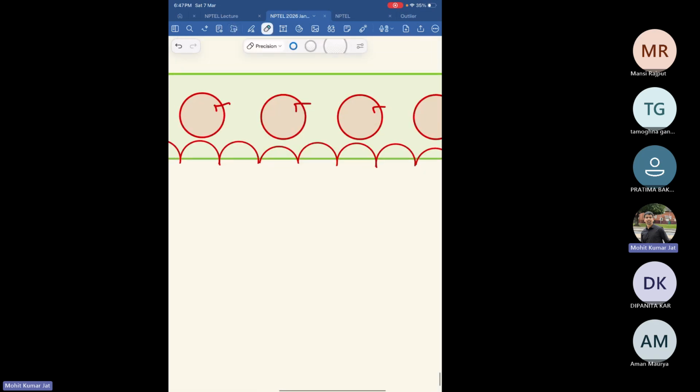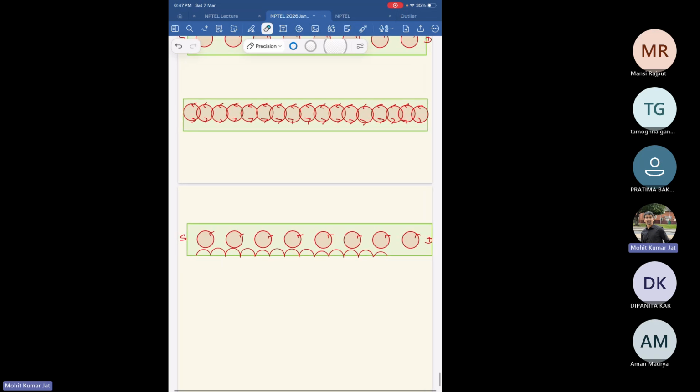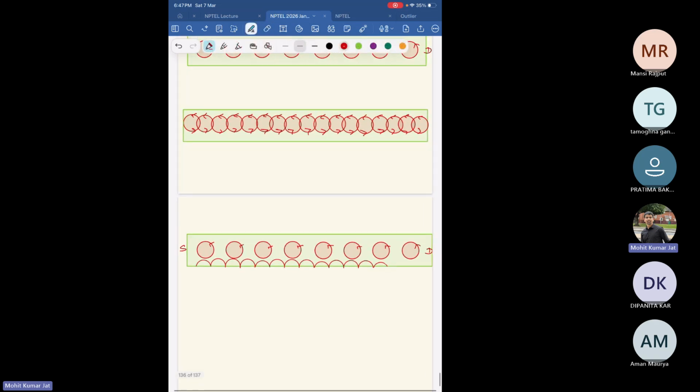So they cannot come outside. Like this they will be there on the full boundary, and here also they will be there, similar to this one.